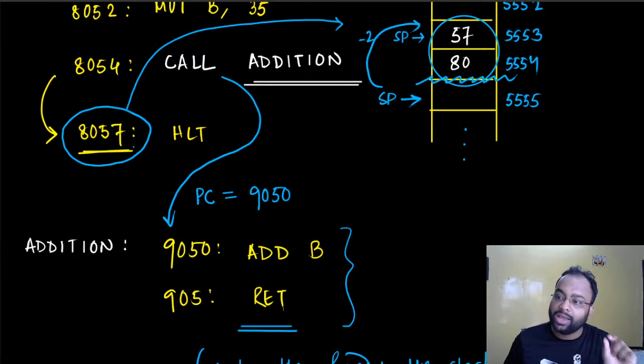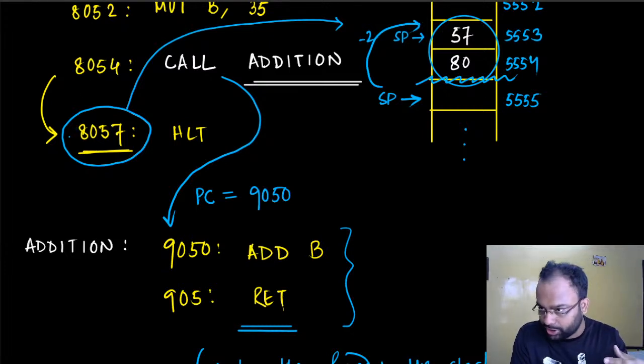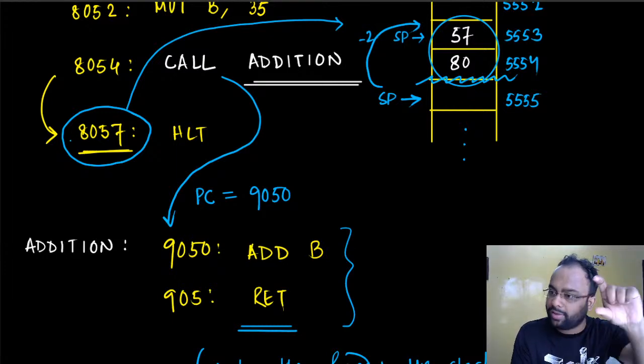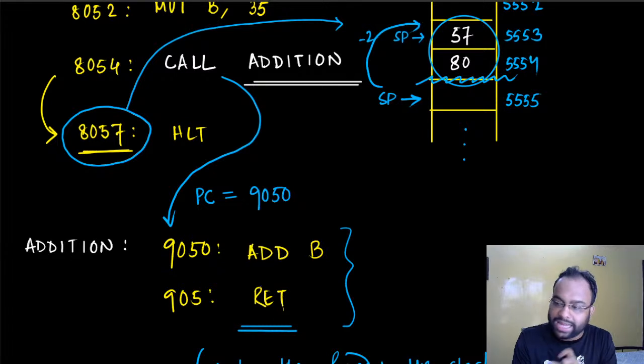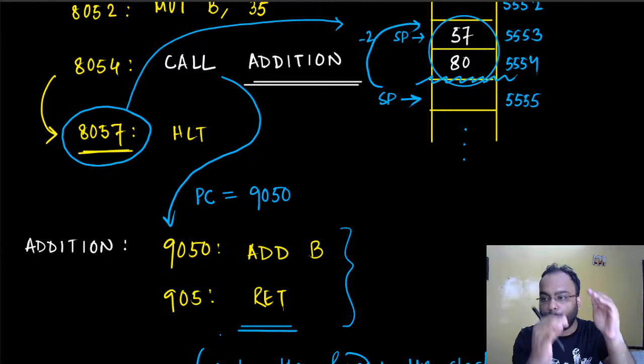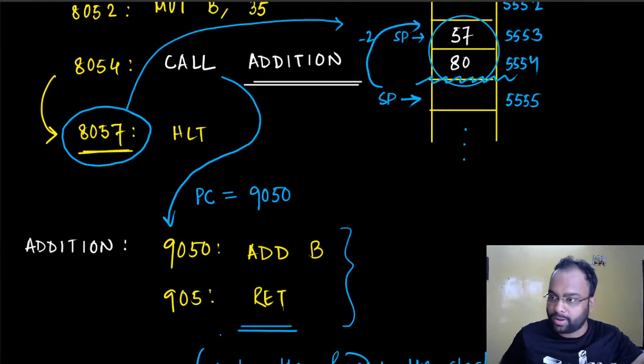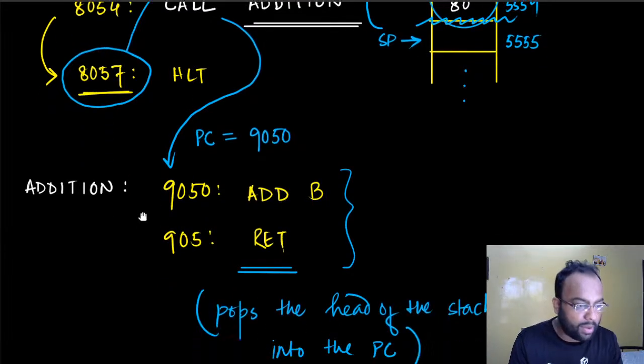The return address, which was the next instruction after the call instruction. That was stored at the head of the stack by the call instruction, and the return instruction inside the subroutine pops it into the program counter so that the program counter gets back to that particular memory location.